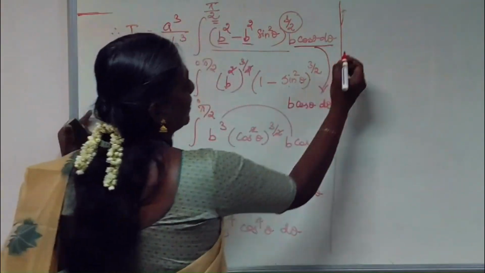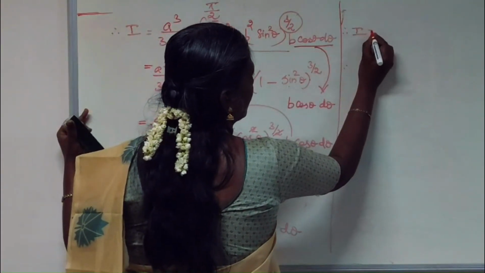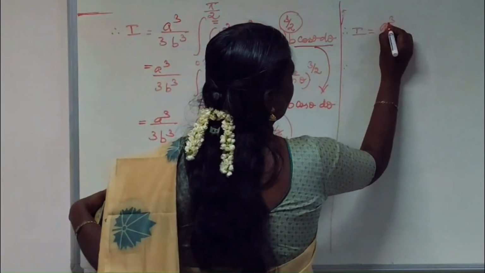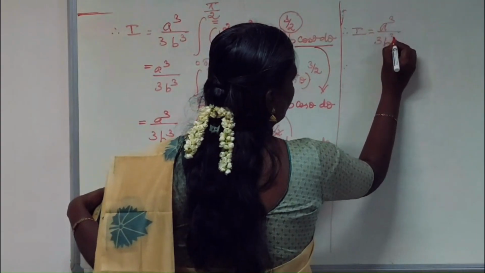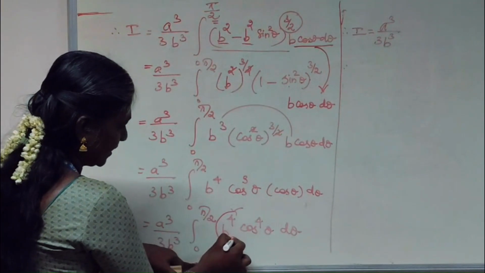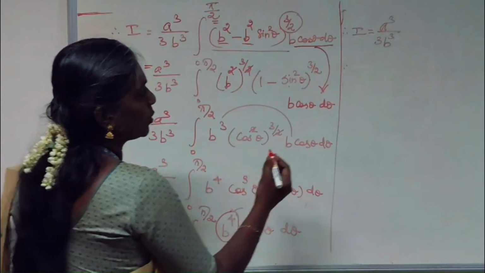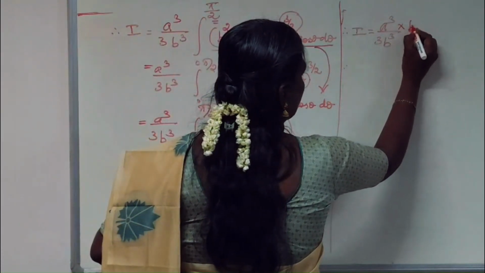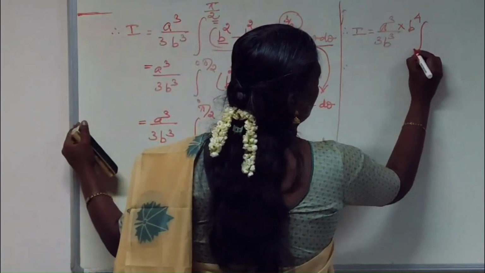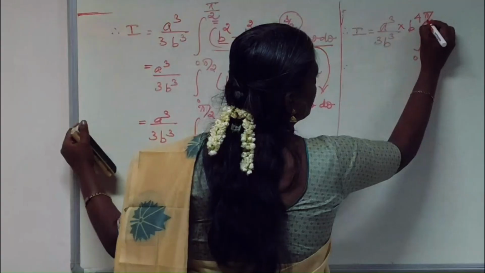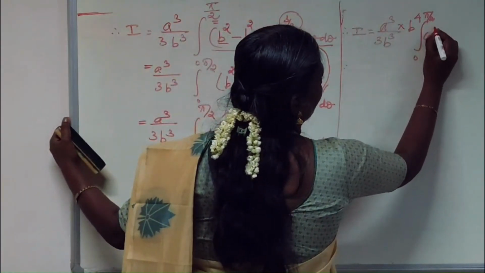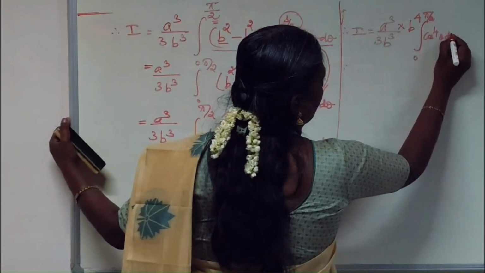Therefore, I is equal to a cube by 3b cube into b power 4, which is a constant, and integral over 0 to pi by 2 of cos power 4 theta d theta.